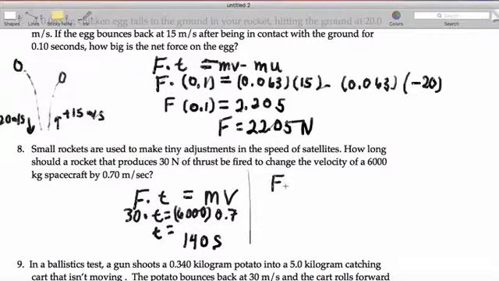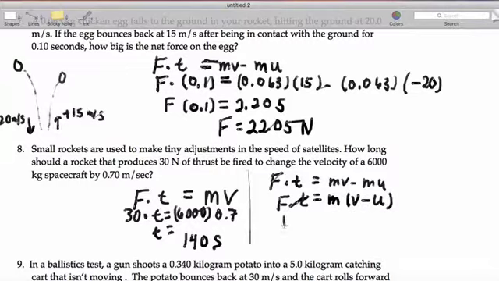What we should really say is force times time, the impulse, equals mv minus mu, but we're talking about the change in velocity. So I'm going to use the distributive property here to factor. So v minus u is the change in velocity, and that's actually the thing that we are solving for.